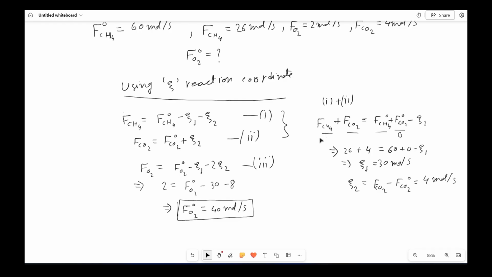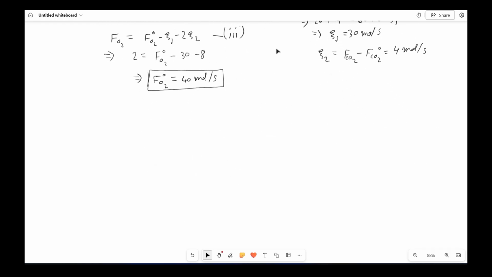Now I will solve this problem using the mole of atom balance, and I will get the same answer. For this, we have to balance the moles of atoms. Suppose we are balancing the moles of C atom, because the CH4 and CO2 values are all given.